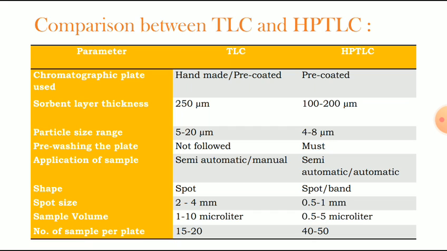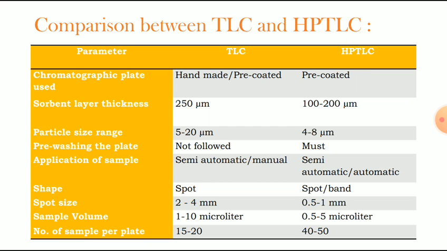Besides this, the development or separation distance: in TLC, the separation distance is 10 to 15 centimeter, and in HPTLC it is 5 to 7 centimeter.